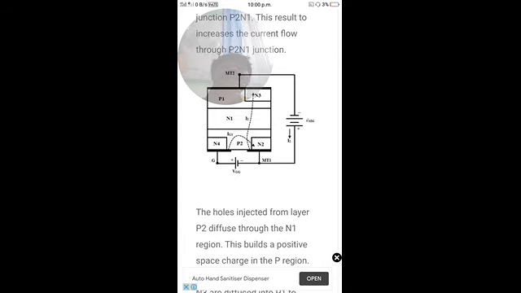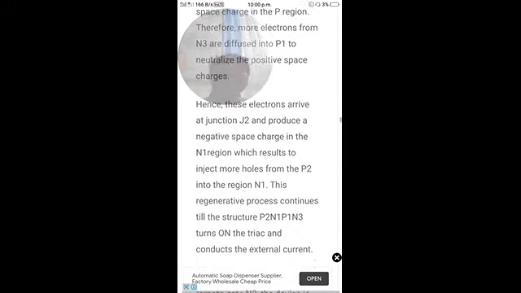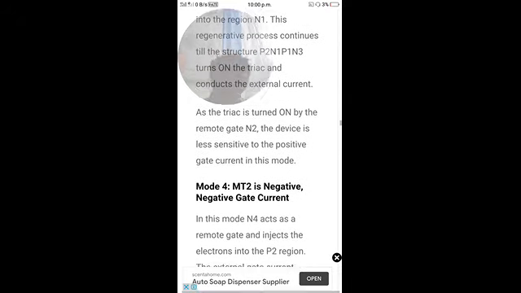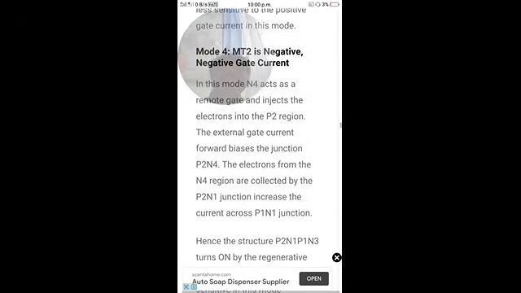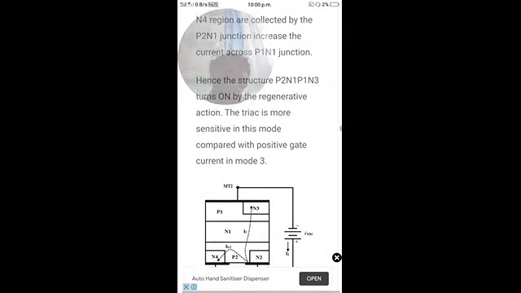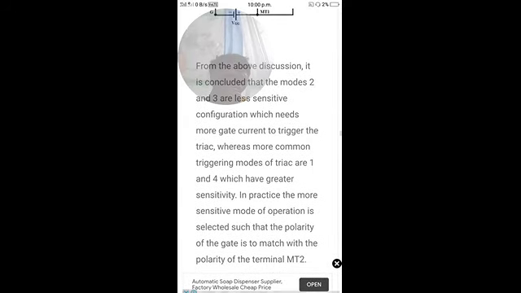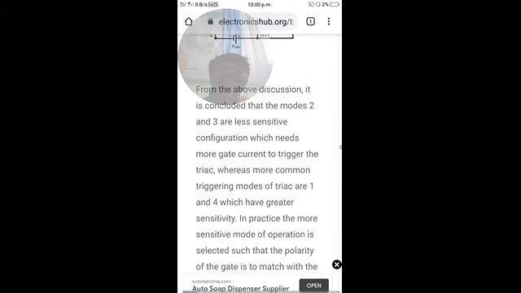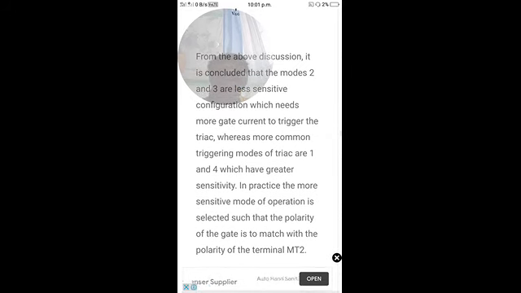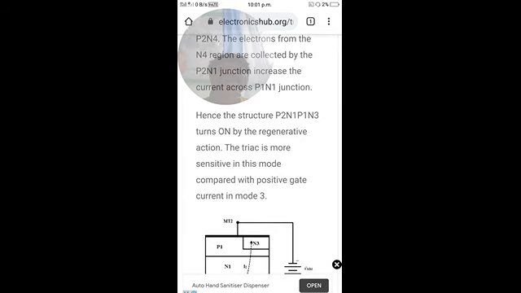So in the mode 4 of operation, electrons are moving from N3 to N1.